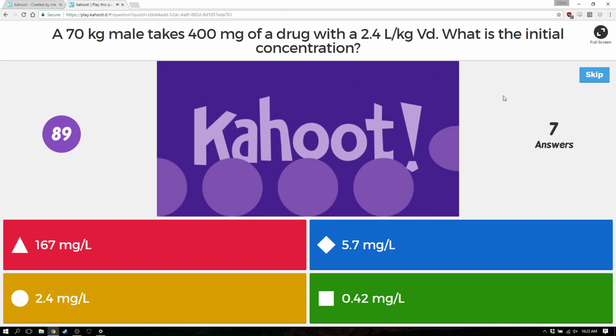It's high, yeah. Remember, C0 equals dose over VD.